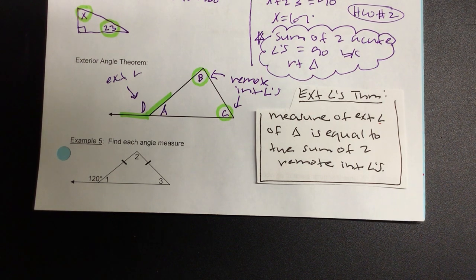Write that off to the side. So when I add the 2 remote interior angles, it must be equivalent to the outside. And I'm going to prove it.